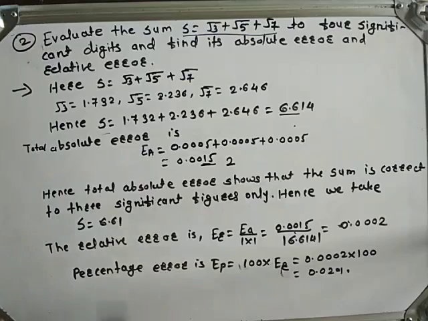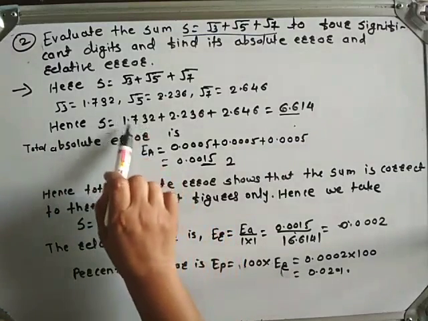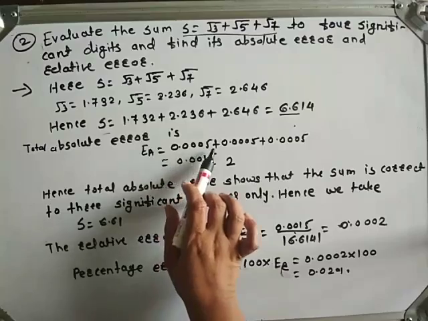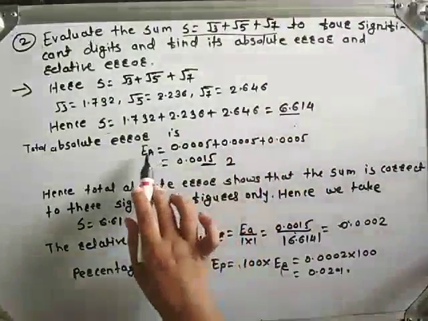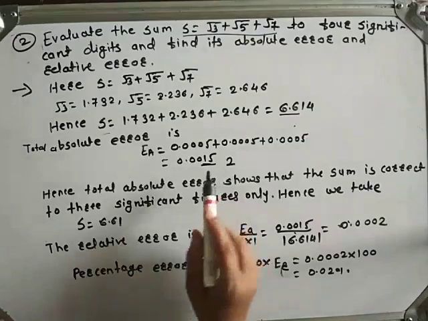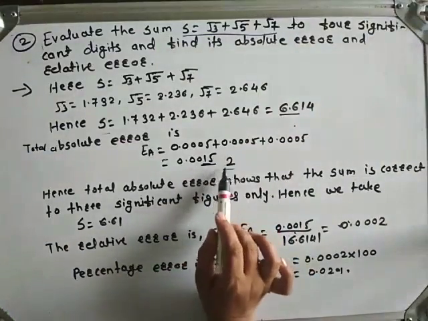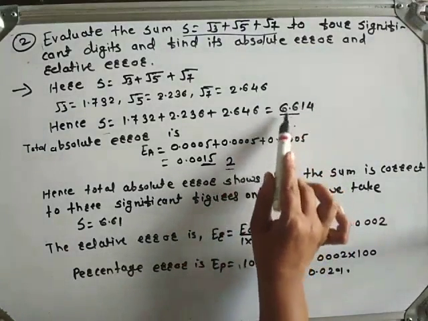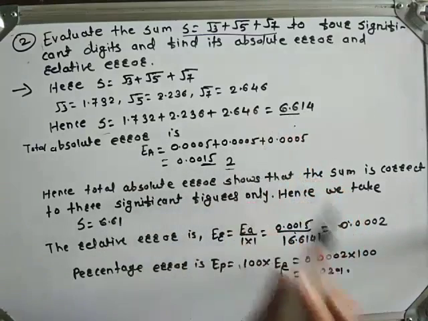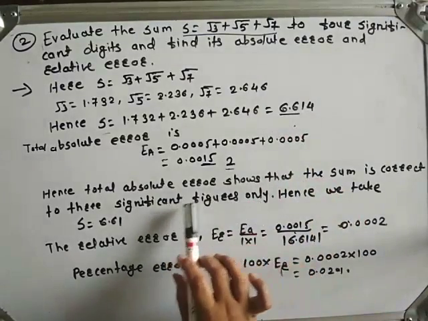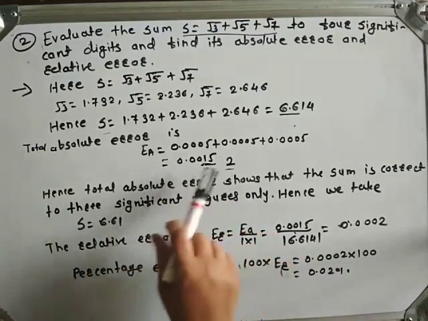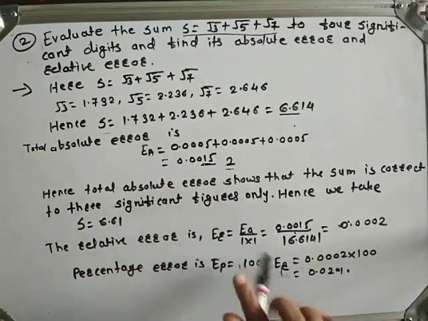Total absolute error is 0.0015. This number is rounded to 2 significant figures, therefore the sum is rounded to 1 digit more than this number, therefore sum is rounded to 3 significant figures only.